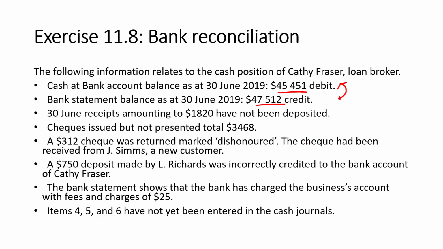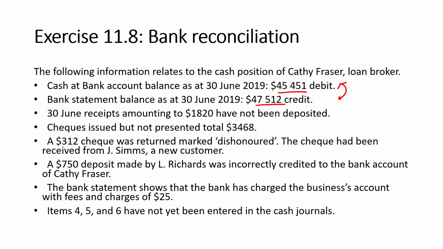This check was received from a new customer named J. Sims. We also have a deposit of 750 made by L. Richard, but was incorrectly credited to the bank account of Katie Fraser. This money should not be credited to our accounts. It belongs to other parties.